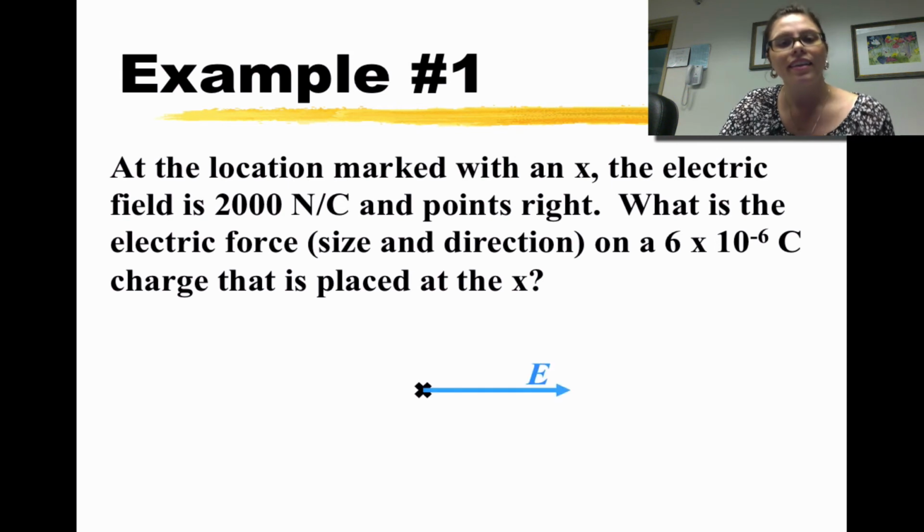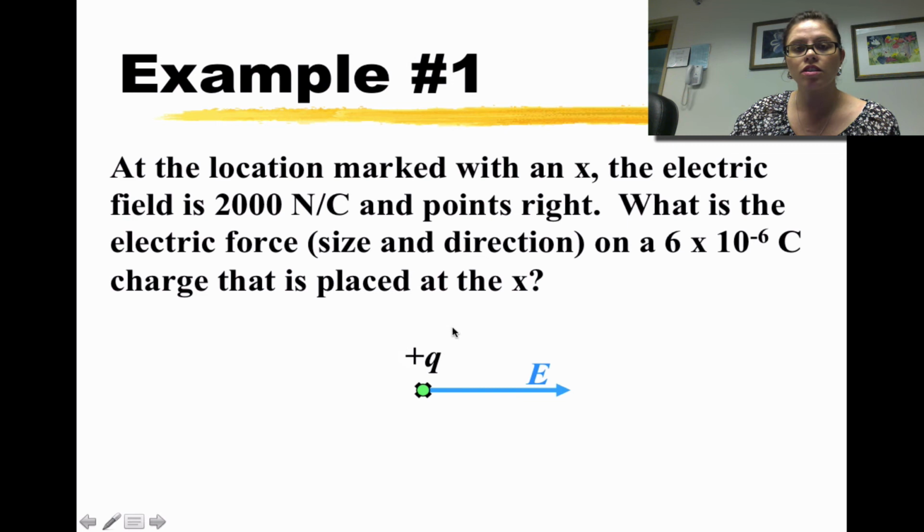Welcome back. So we have the X, we have an electric field pointing to the right, and we're given a test charge. In this case, our test charge positive will always be green for us. We'll stick with that. And negatives will be pink.